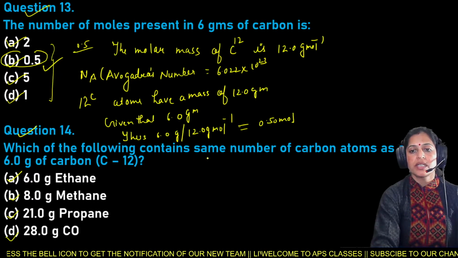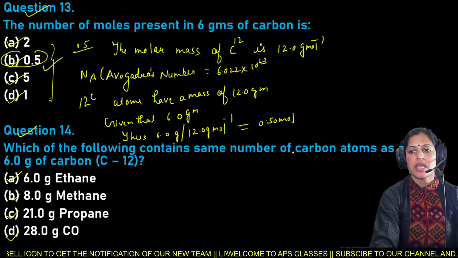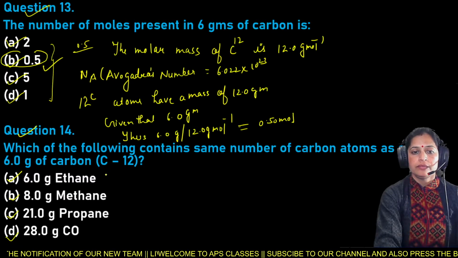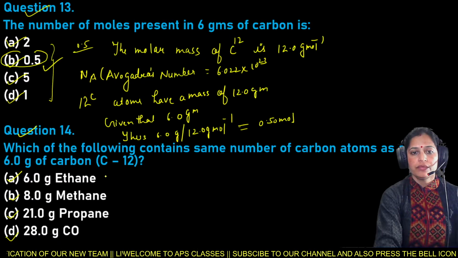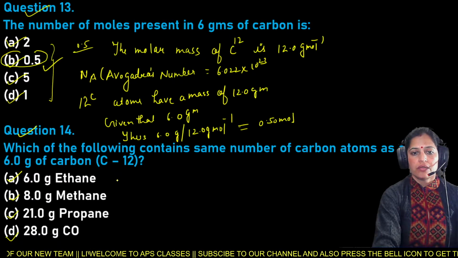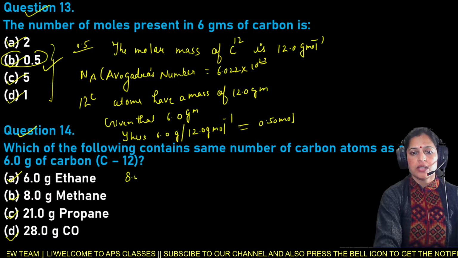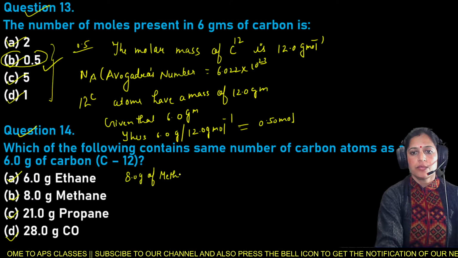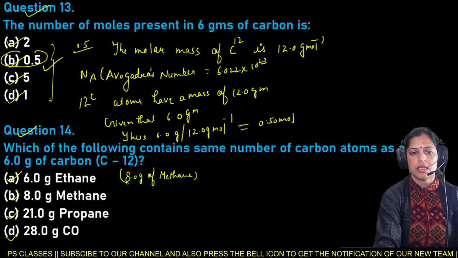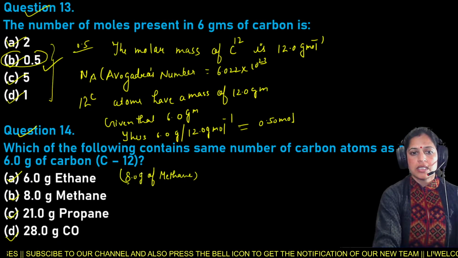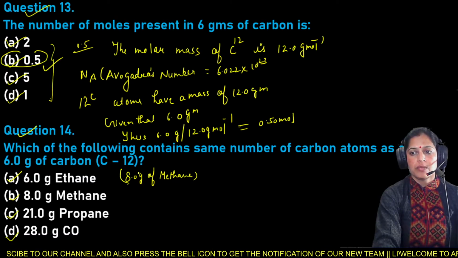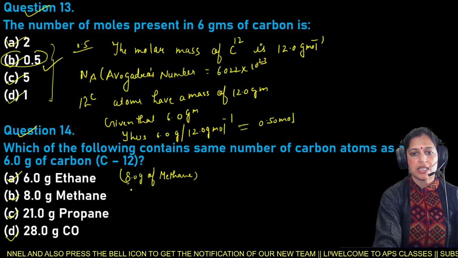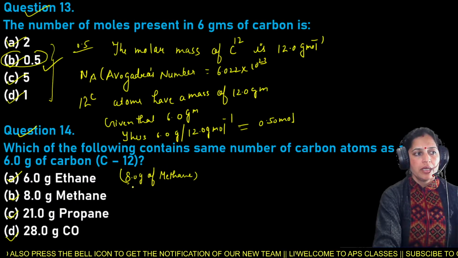The right answer is 8.0 gram of methane. This contains the same number of carbon atoms as are in 6.0 grams of carbon.